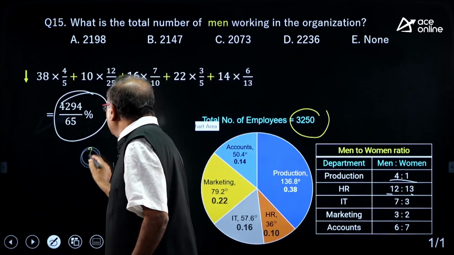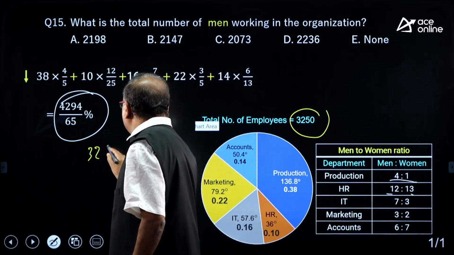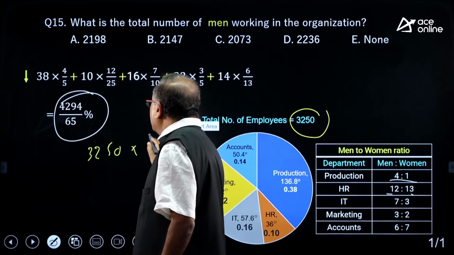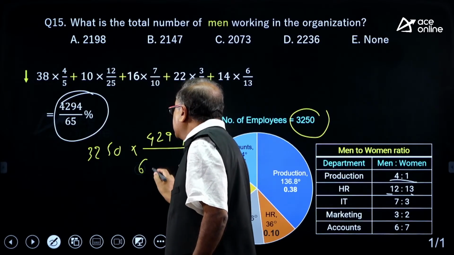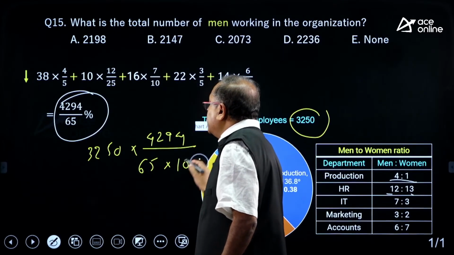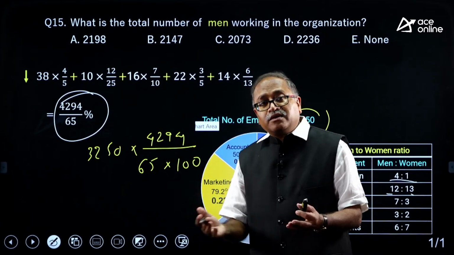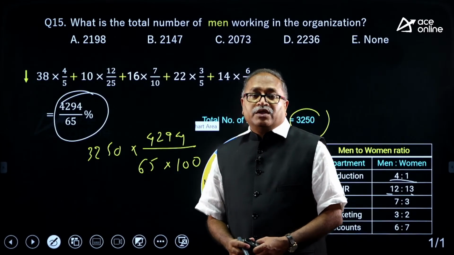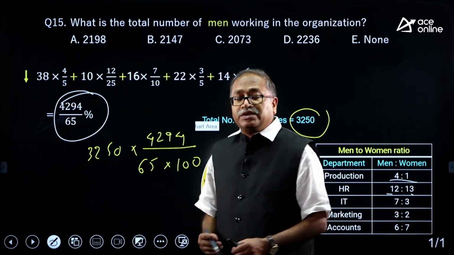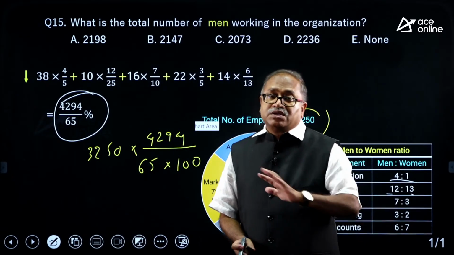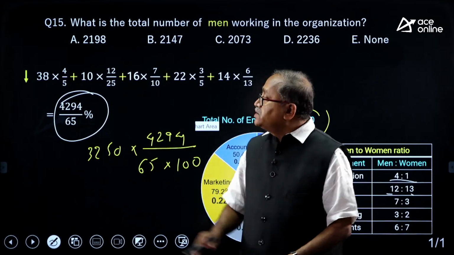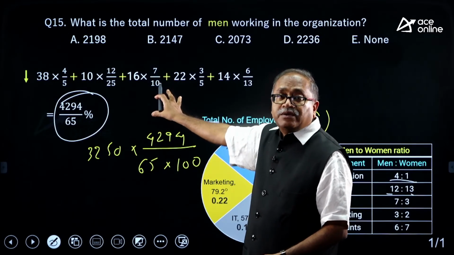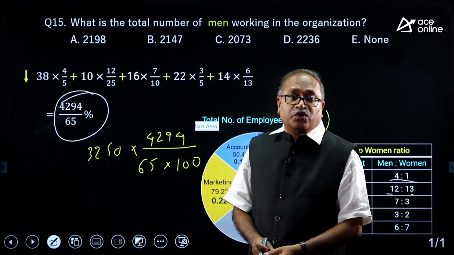So, you have to find out 3250 into 4294 divided by 65 into 100. Again a lot of calculation is still pending. So, if this type of question comes, the best way is to skip it, do not take the risk, even if your calculation is very fast. If you skip this question, you can answer 3 more questions.